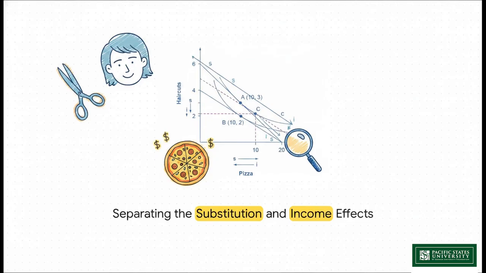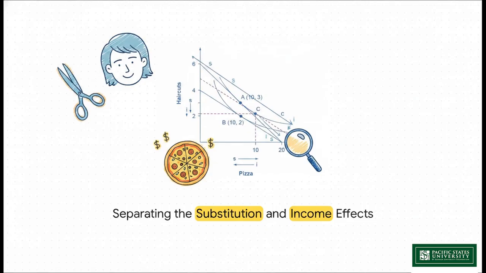Economists use that dashed tangent line you see to isolate the two steps. We draw it parallel to the new, cheaper price ratio of haircuts, but we force it to keep touching the original curve of satisfaction. Moving along the curve from point A down to point C isolates purely the substitution effect.